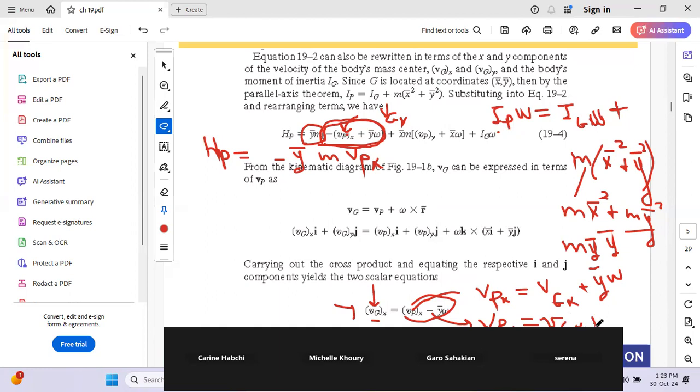Okay, and if you do this, going back to your equation, you have that the angular momentum is equal to minus y bar m VPX plus x bar m VPY.